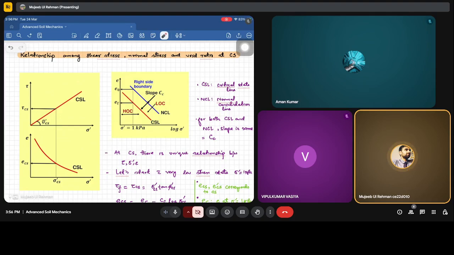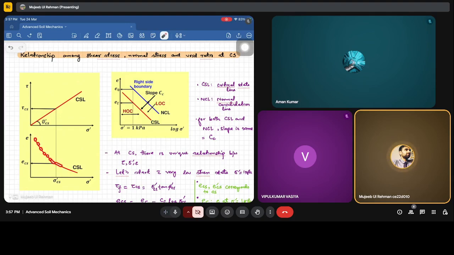So at the final value of sigma dash, what is the e corresponding to the critical state? We are considering those points only. So e critical versus sigma: what is the final sigma at which you are taking the value of e to be the critical state value? We have plotted those. Fine.